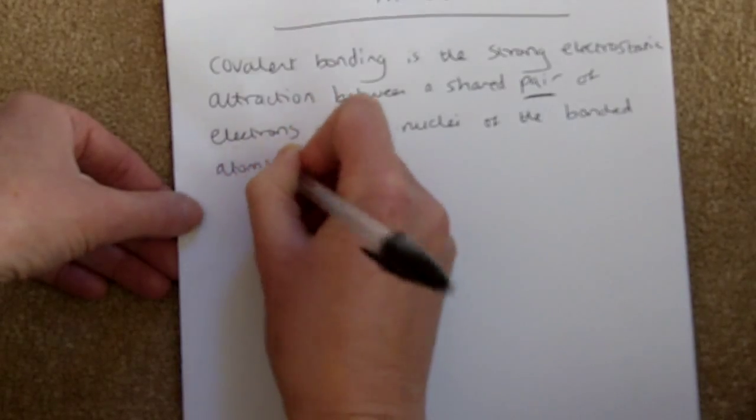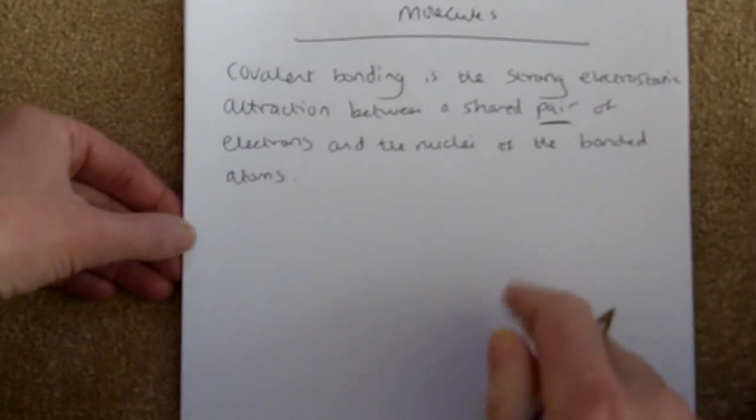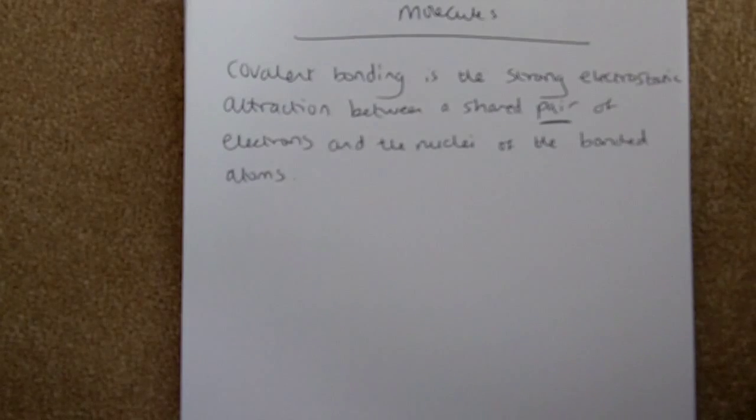So that's the definition of covalent bond. It's a strong electrostatic attraction between a shared pair of electrons and the nuclei of the bonded atoms.